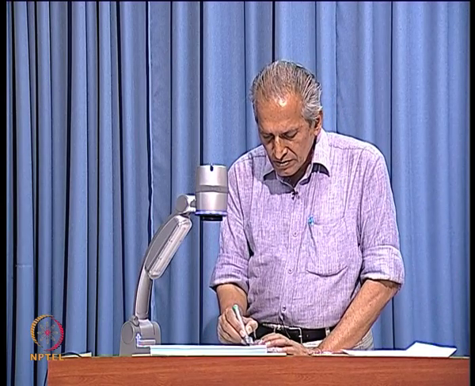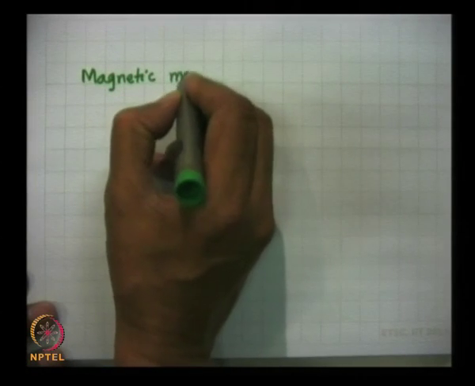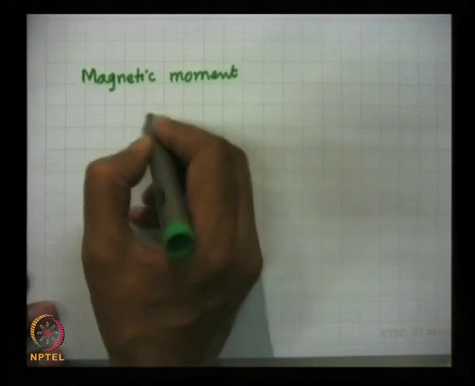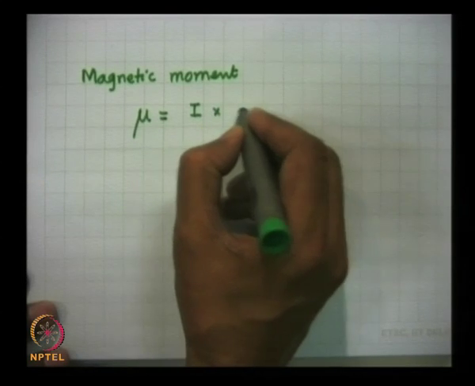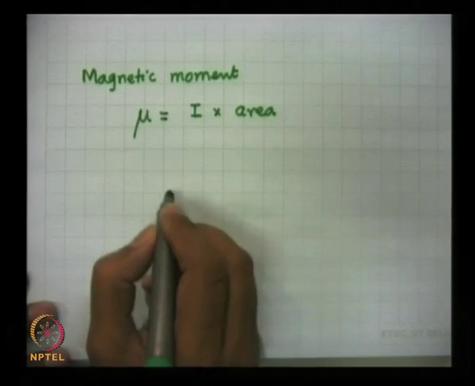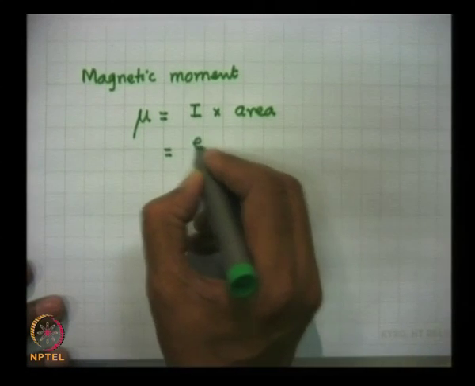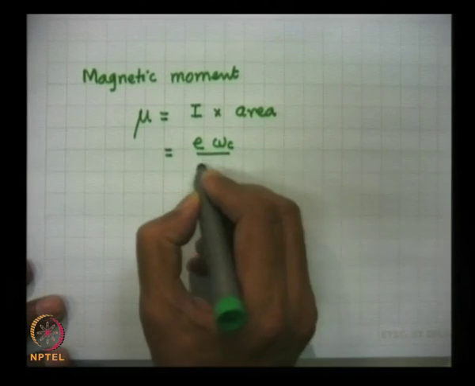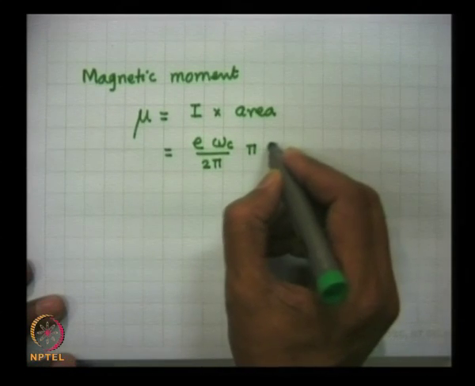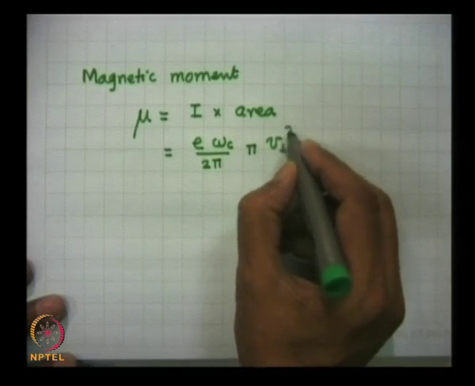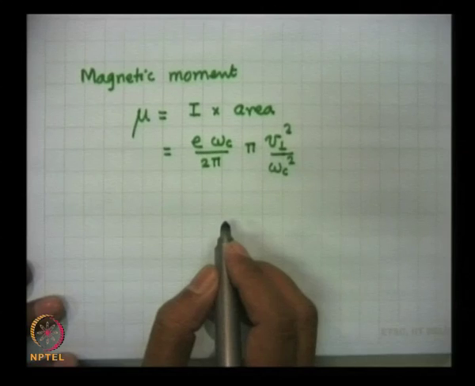So the magnetic moment mu is equal to current into area, and that turns out to be, current in this case is e omega c upon 2 pi, and area is pi into Larmor radius squared, which is v perp squared upon omega c squared.